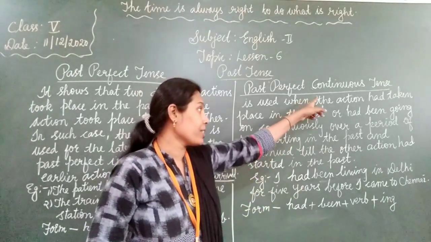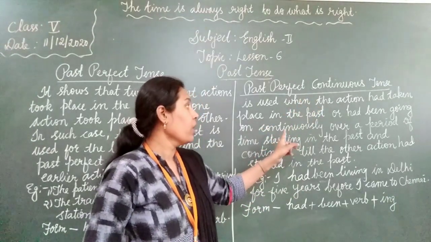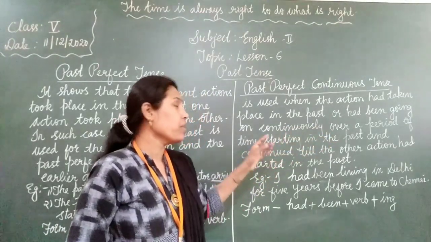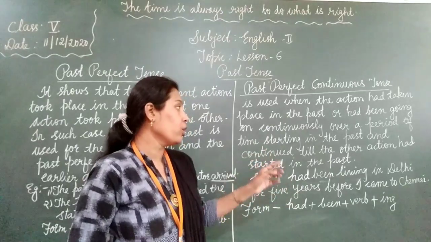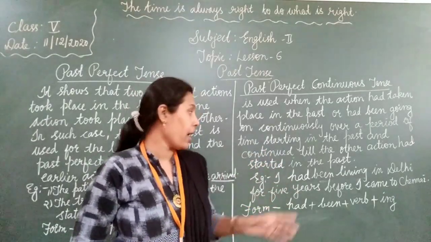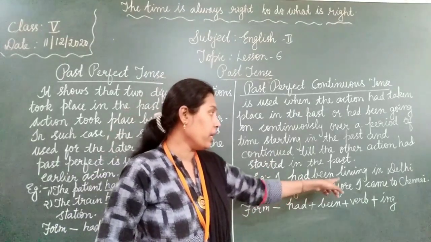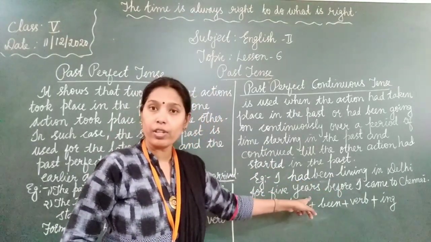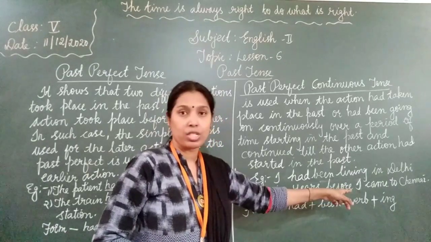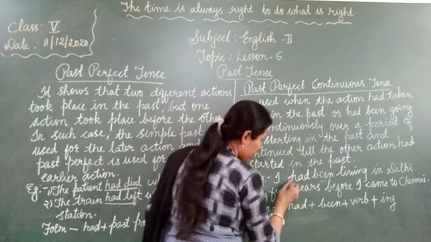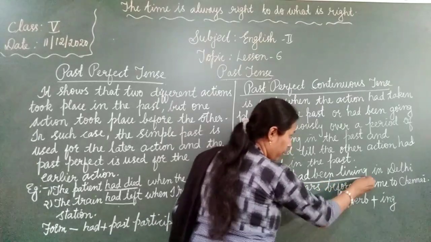It is in continuous tense, right? So an action can be going on continuously over a period of time starting in the past and continue till the other action had started in the past. See the example. I had been living in Delhi for 5 years before I came to Chennai. So here the past perfect continuous is had been living.